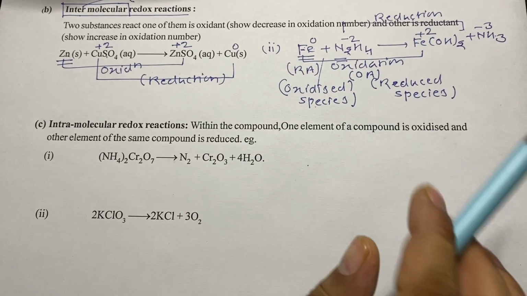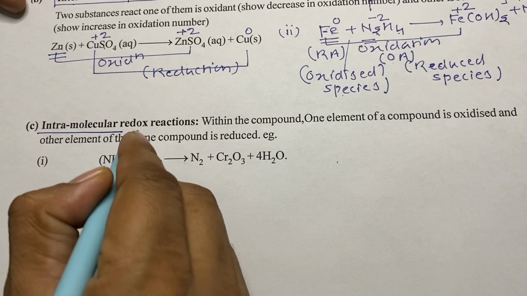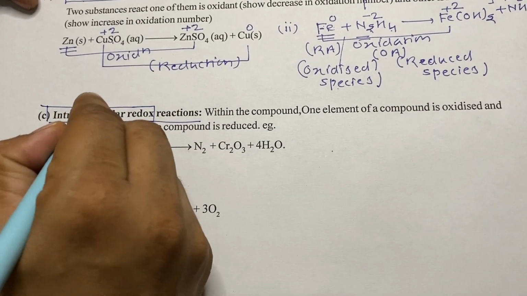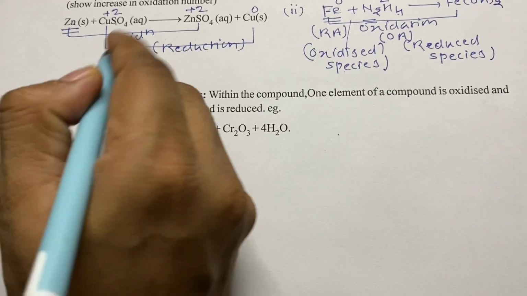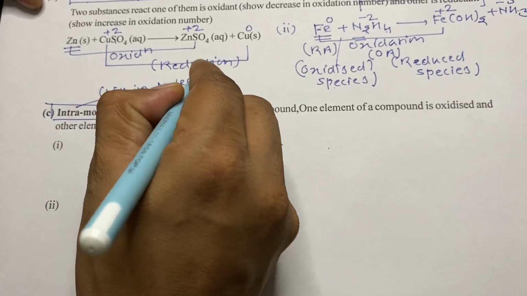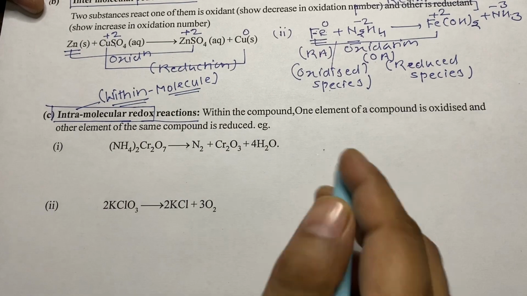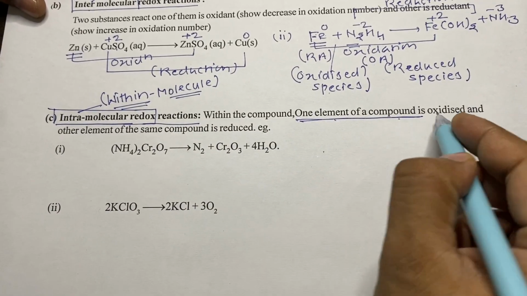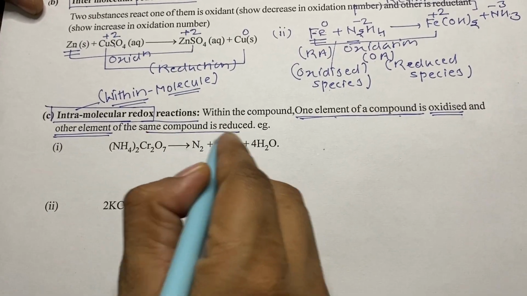the reduced species. Now the third type of reaction is called intramolecular redox reaction. As the name suggests, we will observe the increase or decrease in oxidation number within the molecule. So one element of the compound is oxidized and another element of the same compound is reduced.